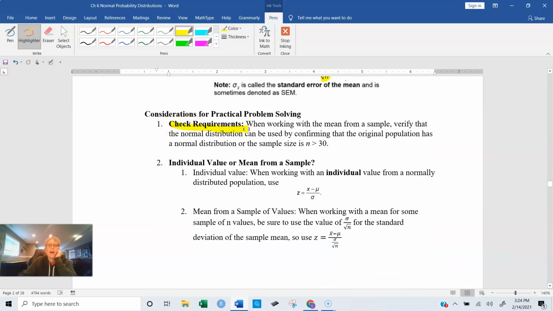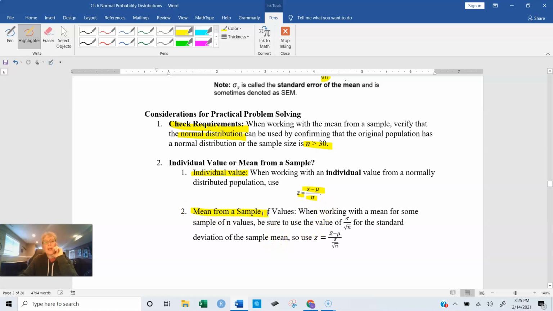All right, here we go. We have to check requirements. They have to be normally distributed, and n has to be greater than 30. Very important. Okay, if it's an individual value, nothing different: z equals x minus mu over the standard deviation.